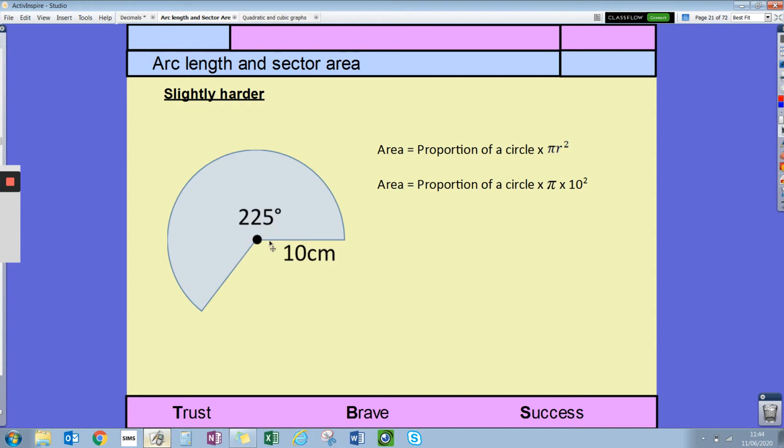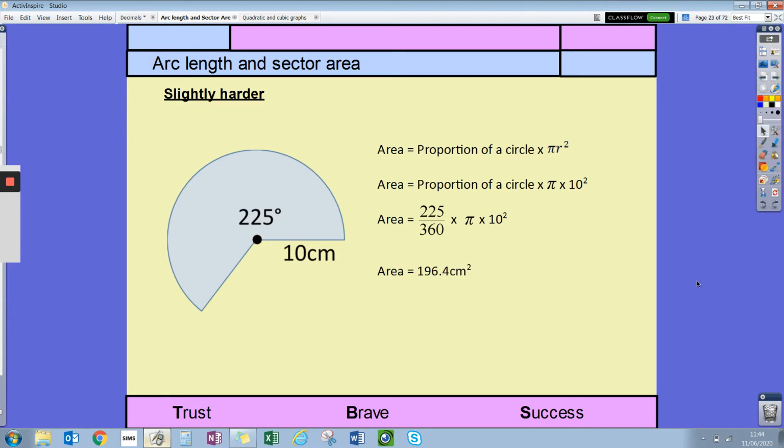We know that in a full turn it's 360 degrees. So the proportion of the circle in this case is 225 out of 360. And then we're going to multiply that by the area of the full circle, which is pi times 10 squared in this case. Putting that in my calculator gives 196.4 metres squared to 1 decimal place.